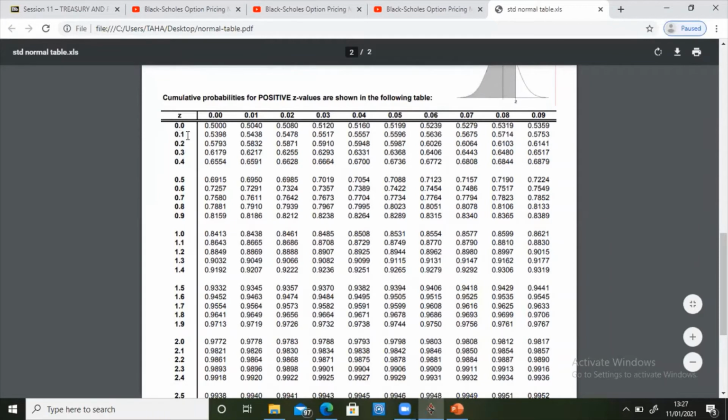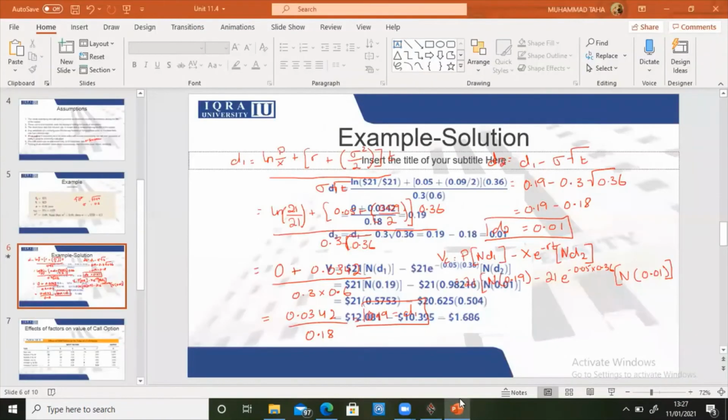So this is 0.1, and you have to stay in this row: 0.10, 0.11, 0.12, and 0.19 is over here. So 0.5753, this is the value that you want, and this is the value that you're going to plug in over here.